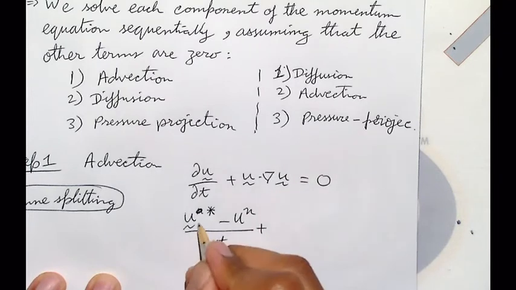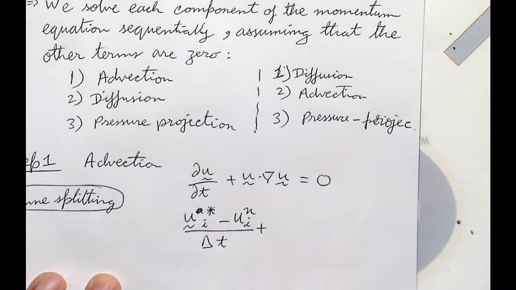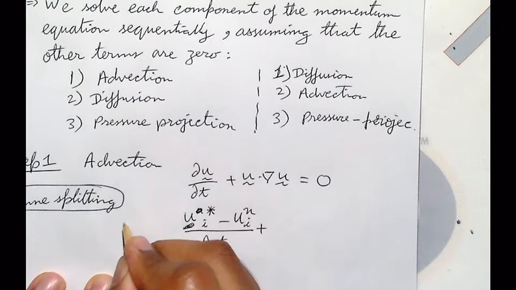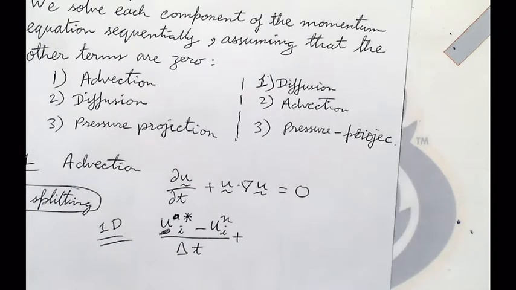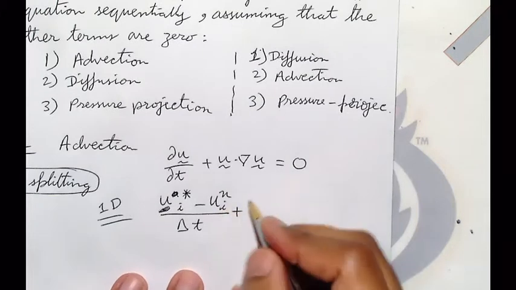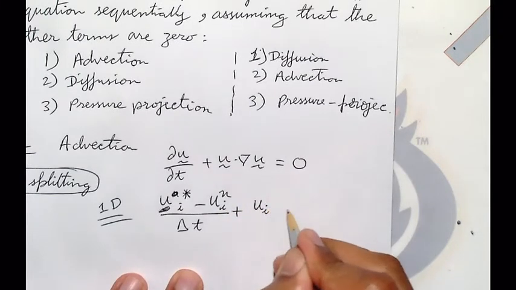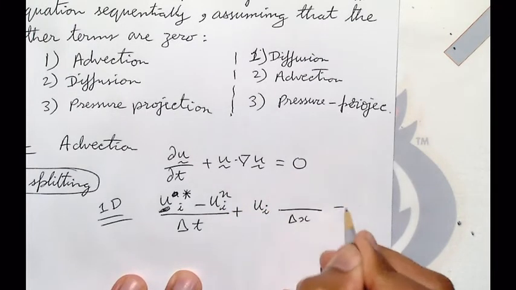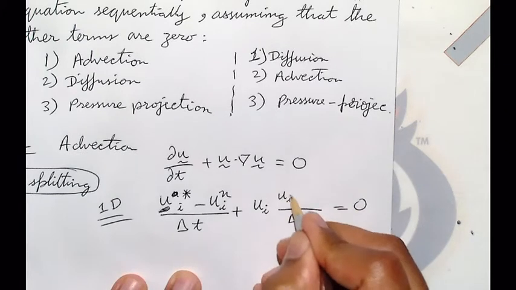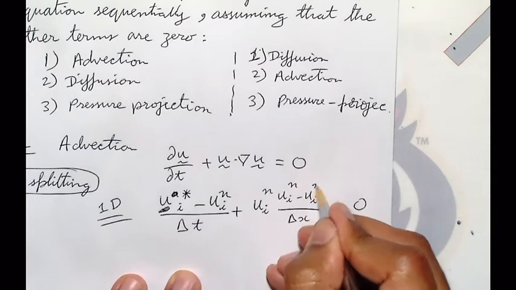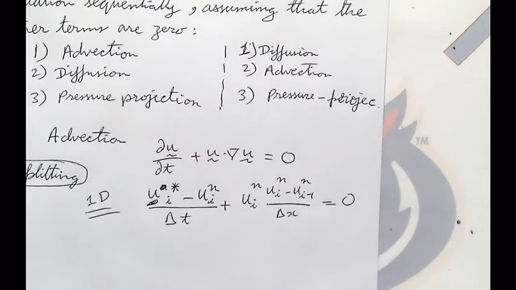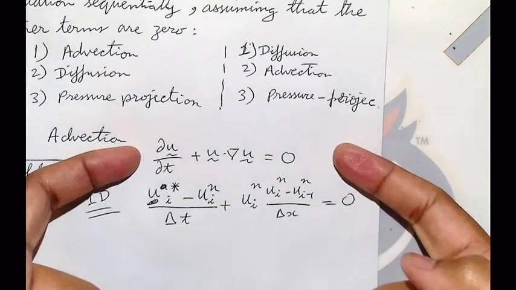Let's take 1D. So you would have an i, j, k, but let's keep things simple for now. You have an i here, and delta x, you have a u_{i-1}^n. Is that okay? I have just discretized the advection equation here.